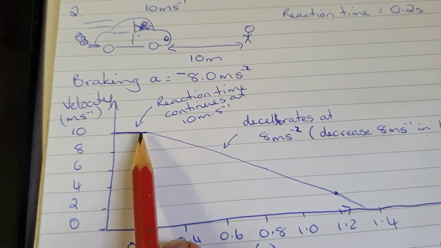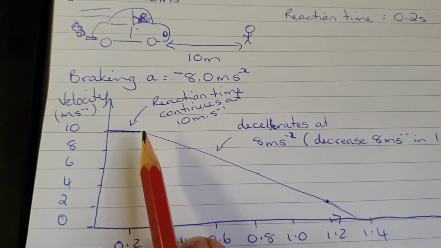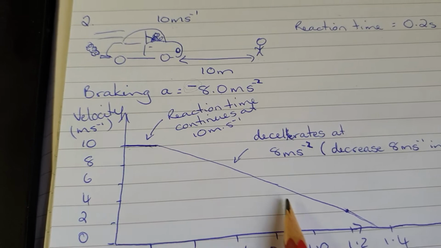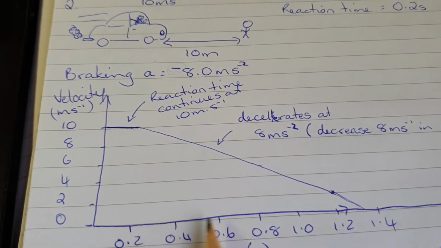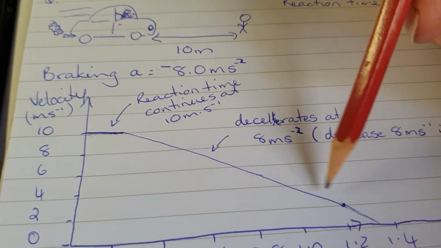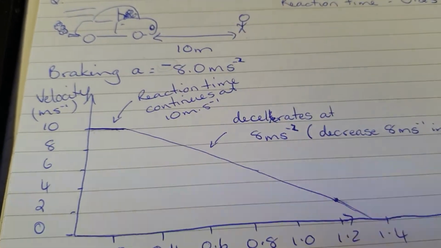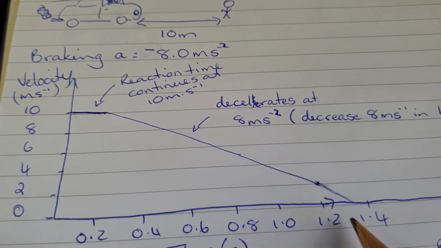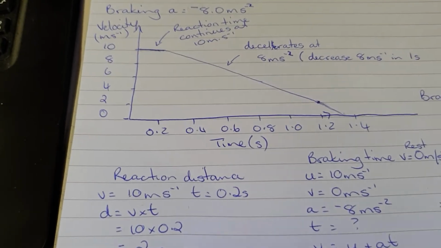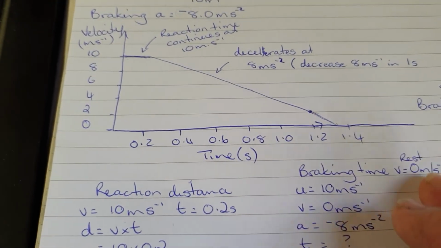So in the following second, so by 1.2, his velocity is decreased by 8. So he's decreased 8 meters per second in 1 second. So I can get the slope on that line correct. And then I didn't have a ruler because I was slack. You just extend that line then until it hits the axis there. All right, so that would be my sketch of the story of the situation.